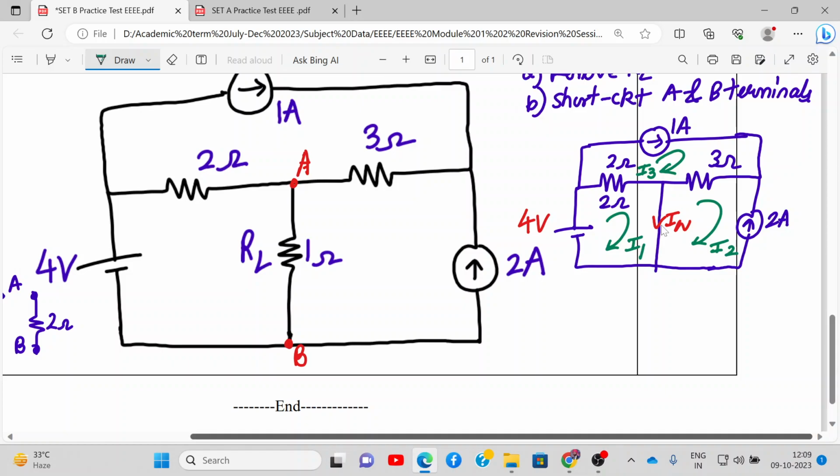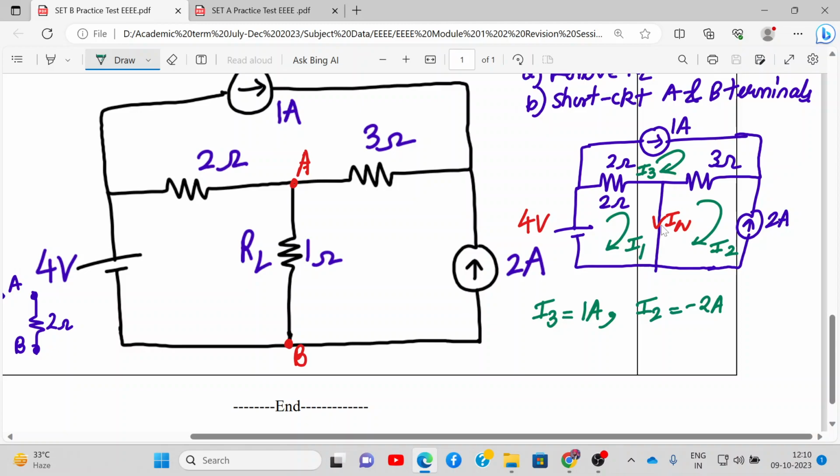If you observe carefully, what is I3? We have a current source connected, so I3 directly will be 1 ampere, because the current source is not shared with any other loop. Similarly, I2 will be minus 2 amperes because it is not shared with any other loop.